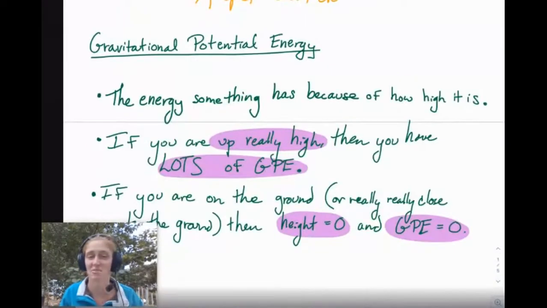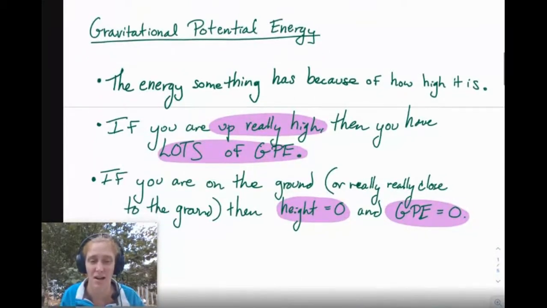All right, so gravitational potential energy is the energy something has because of how high off the ground it is. If you are up really high, then you have lots of gravitational potential energy. And if you're on the ground or really close to the ground, then your height is zero and your gravitational potential energy is also going to be zero.